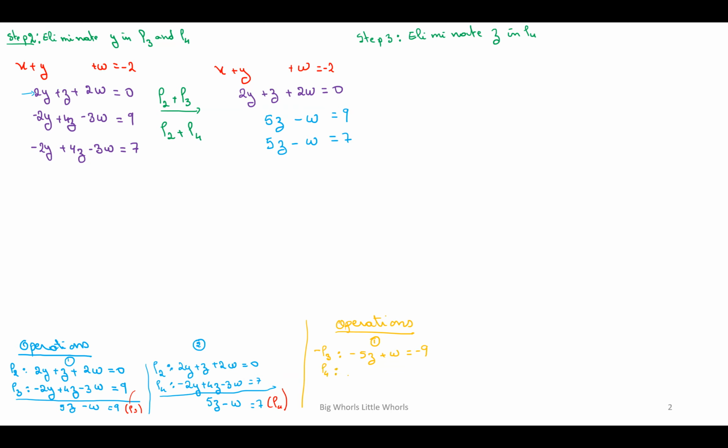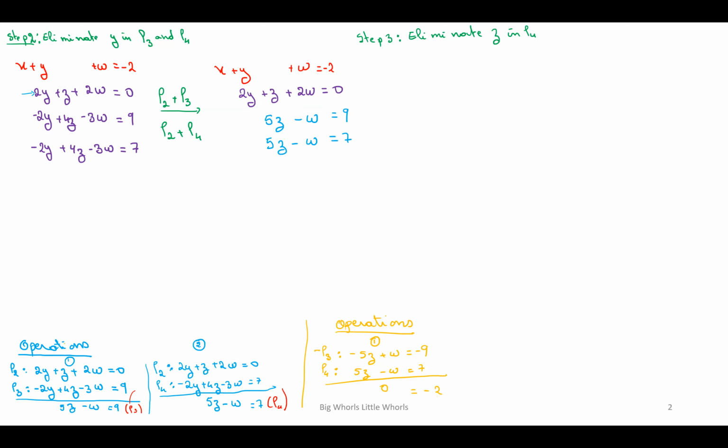So row 4 is 5z minus w equals 7. So minus 5z plus 5z is 0, plus w minus w is 0, so we have 0 here, equals minus 9 plus 7, which is minus 2.